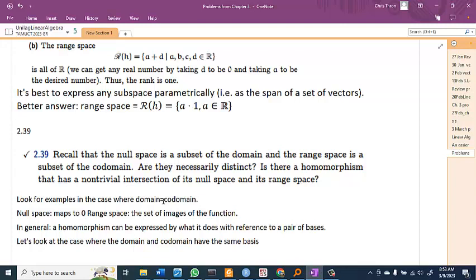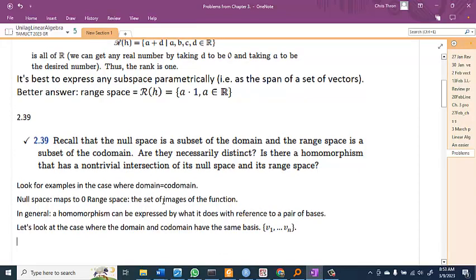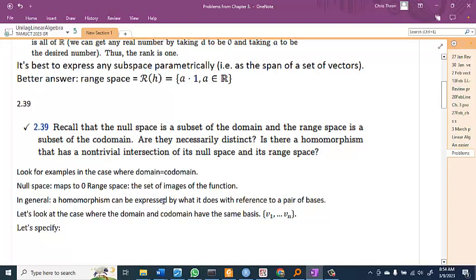Now I'm doing this a little more general than you'd have to, just to show you how this could work in any dimension. So let's just take my vectors to be v1 up to vn. And again, I'm not putting the arrows just so that I can make this quickly. So let's specify h on this basis.